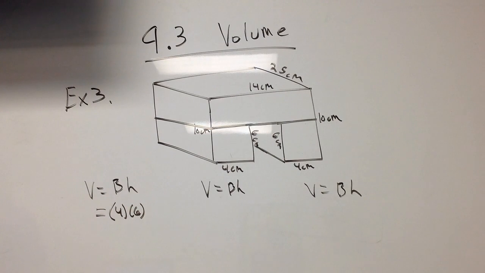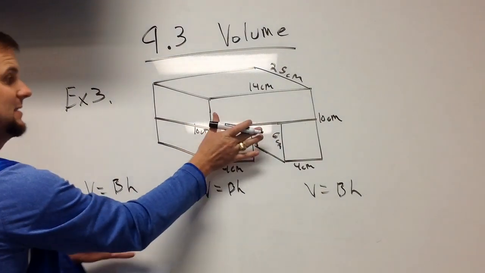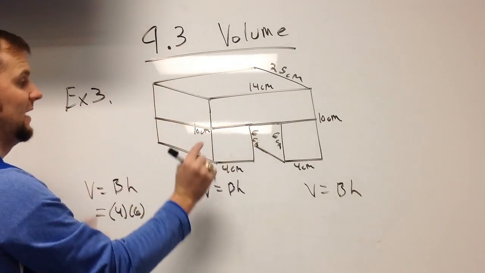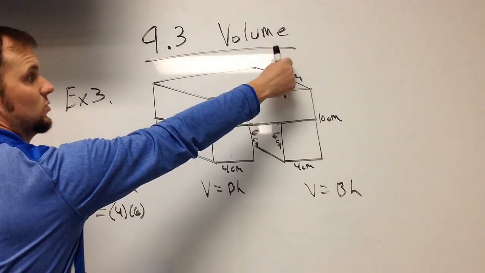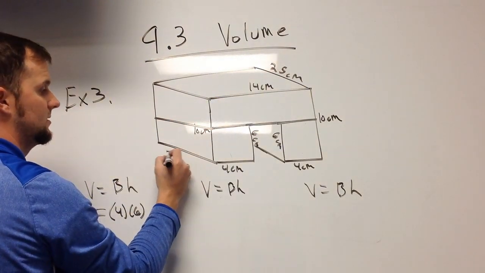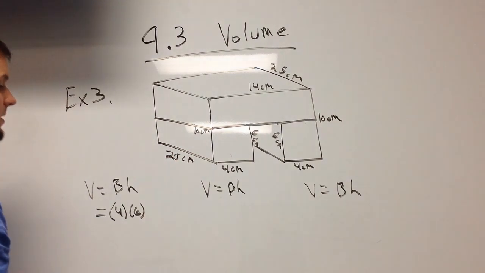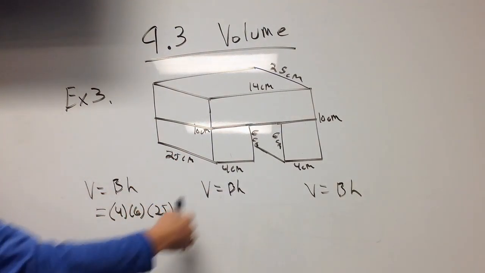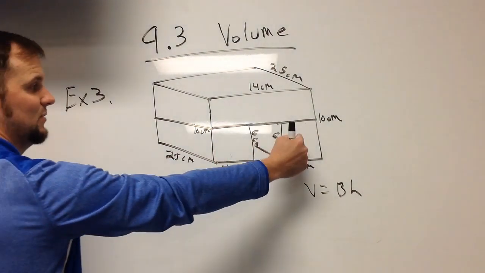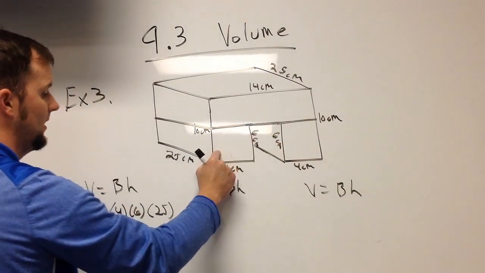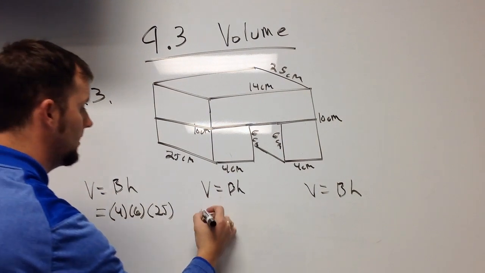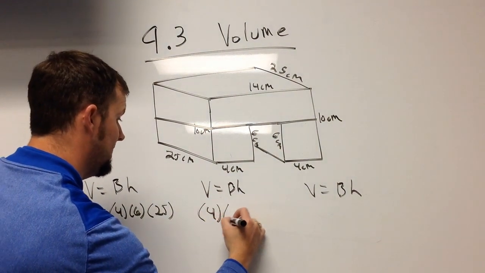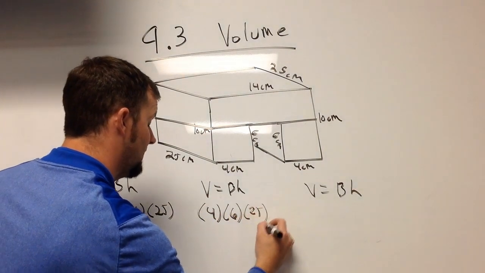I know this base is going to be the same thing on the back side, and the distance between those two bases is 25. I see it up here in the top. So this is going to be 25 centimeters. So that means the height of this is going to be 25. I know this rectangular prism and this rectangular prism are going to be the same thing. So I'm just going to copy that formula right here. So 4 times 6 times 25.